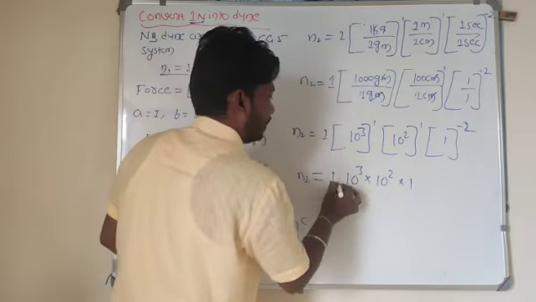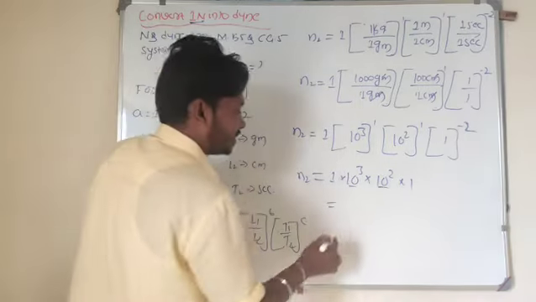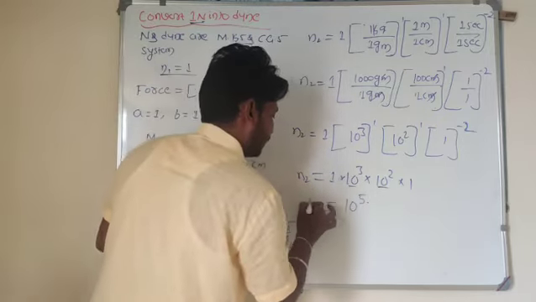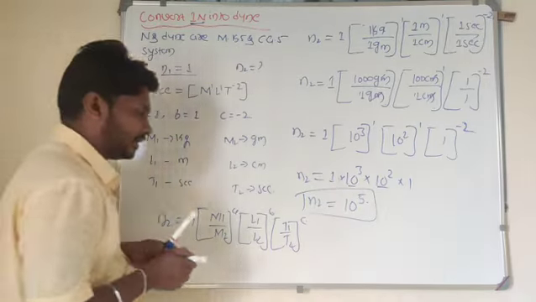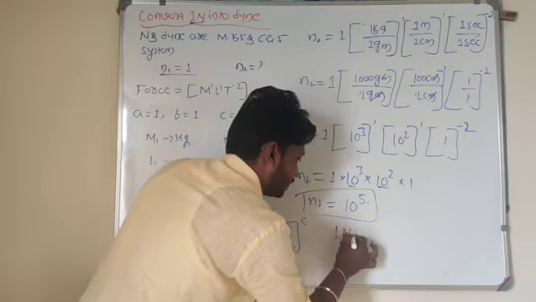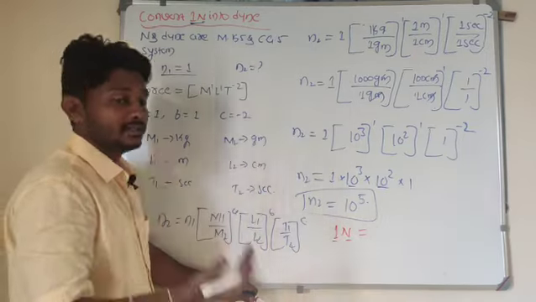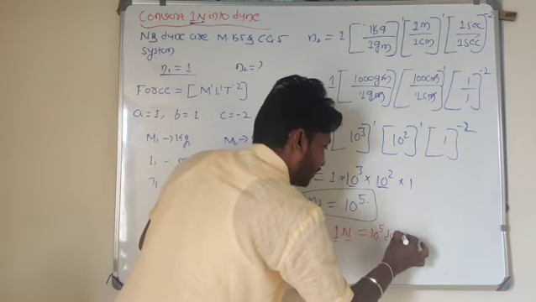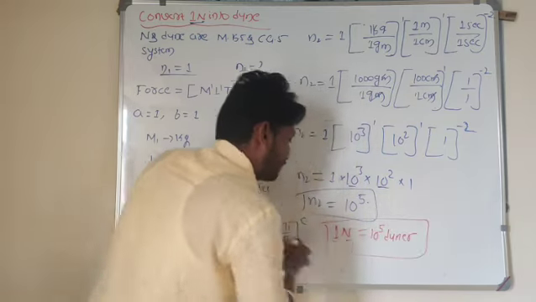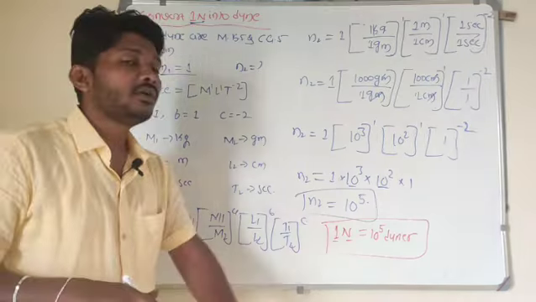Okay, so bases are same, powers are added, same thing, 10 to the power of 5. N2 value is equal to 10 to the power of 5. I can write that 1 Newton is equal to N2 U2, so it is equal to 10 to the power of 5 dynes here. So 1 Newton is equal to how many dynes? 10 to the power of 5 dynes.